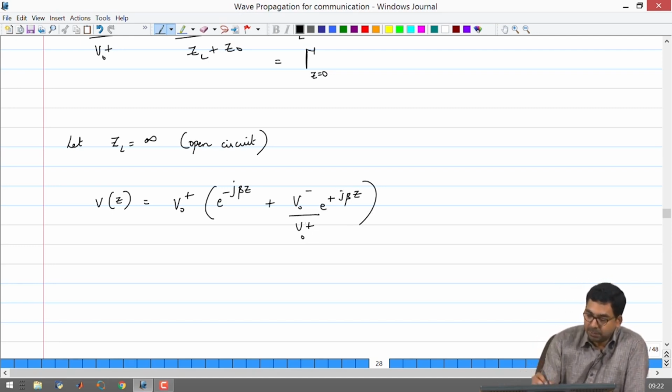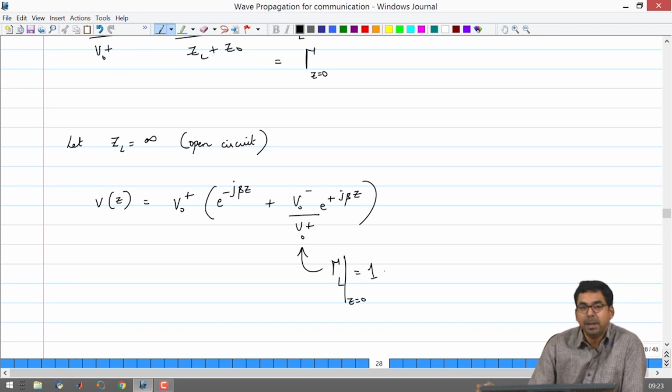So, I have written in this form so that I can substitute for V naught minus divided by V naught plus as gamma L. Okay. So, when it is open circuited, the reflection coefficient is going to be equal to 1. Okay. So, I can just substitute 1 for the reflection coefficient and I end up getting V naught plus times e to the minus j beta z plus e to the plus j beta z.